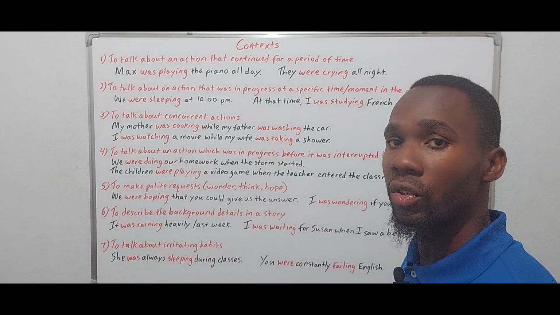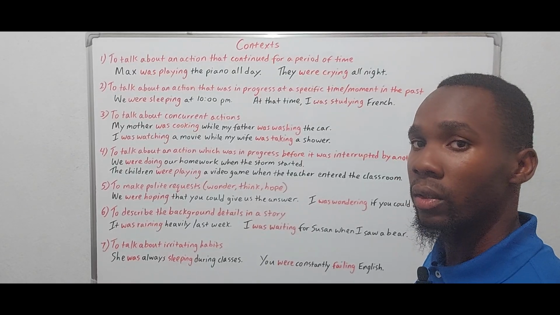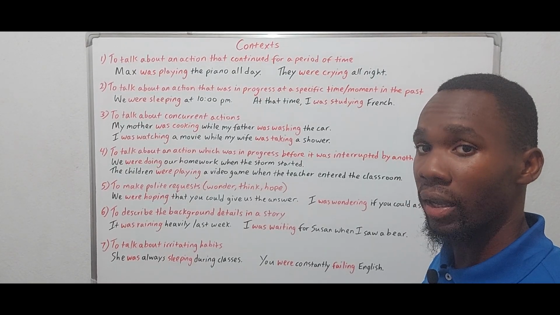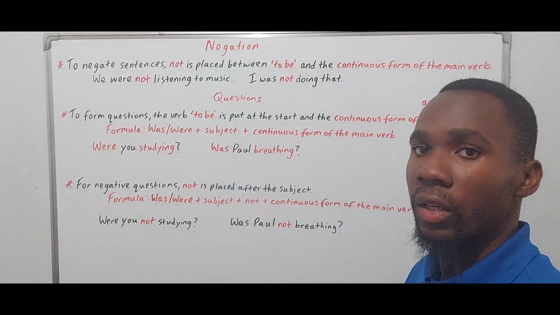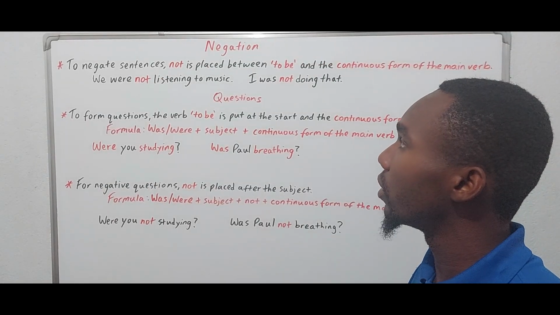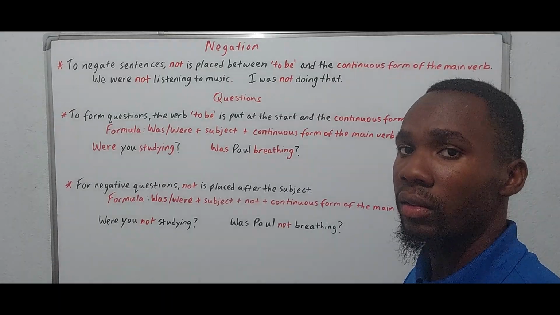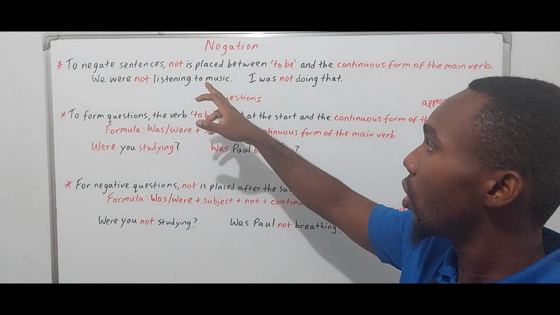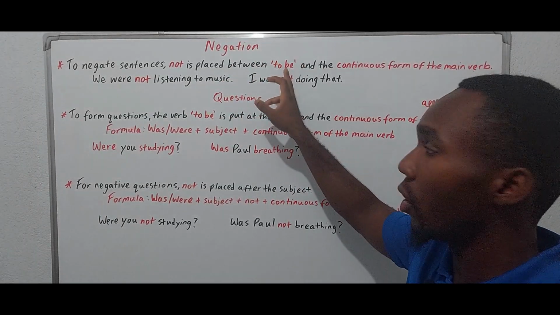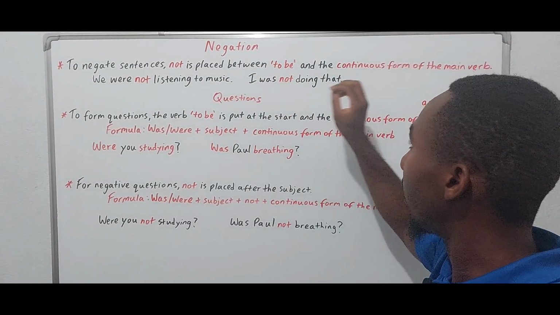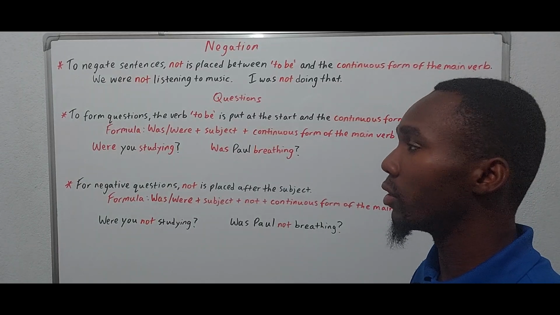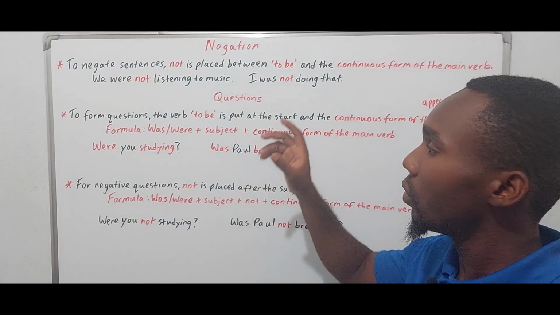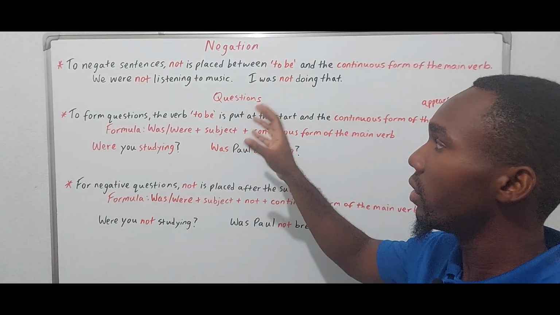Now I'm going to show you how to negate sentences as well as how to form questions. Okay, so we move on to negation. How do we negate sentences in the past continuous? Well, we place not between the auxiliary verb to be and the continuous form of the main verb, otherwise known as the gerund. Okay, so we were not listening to music.